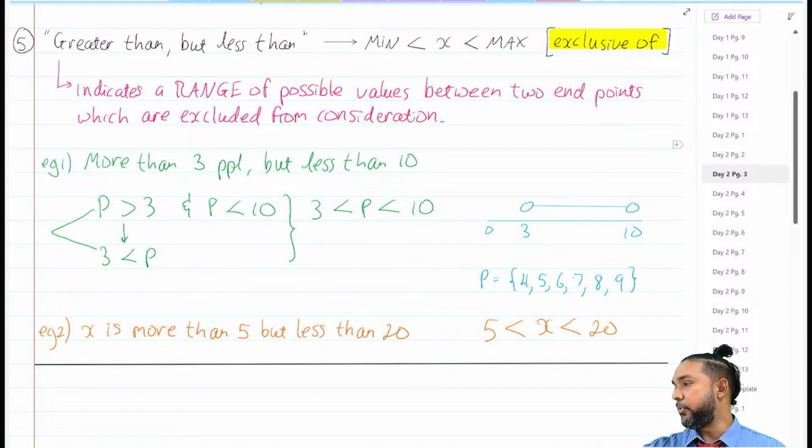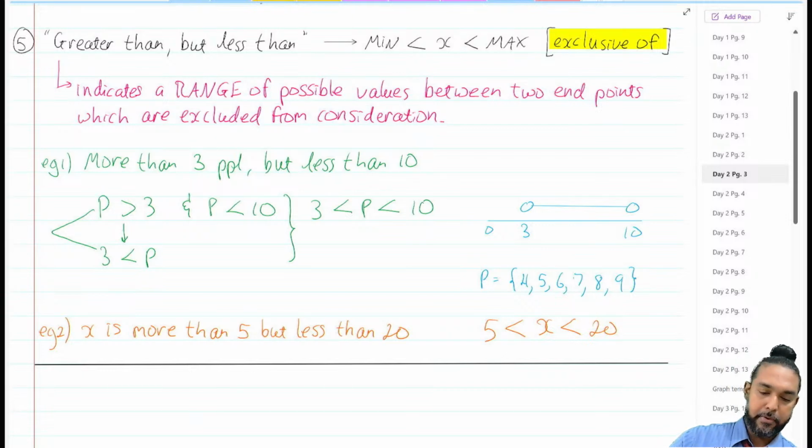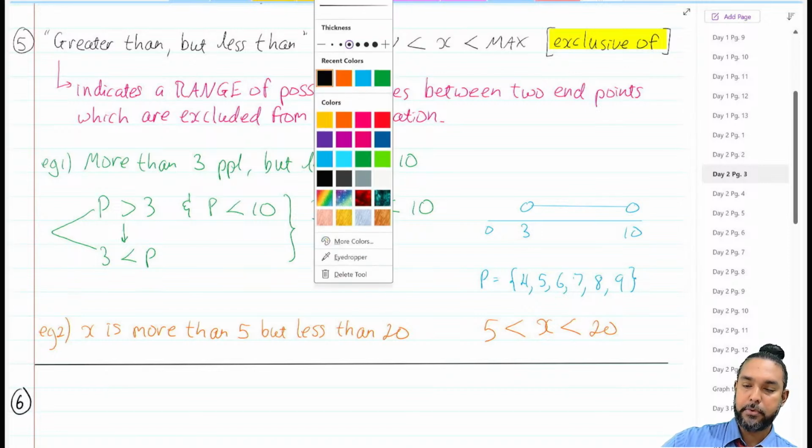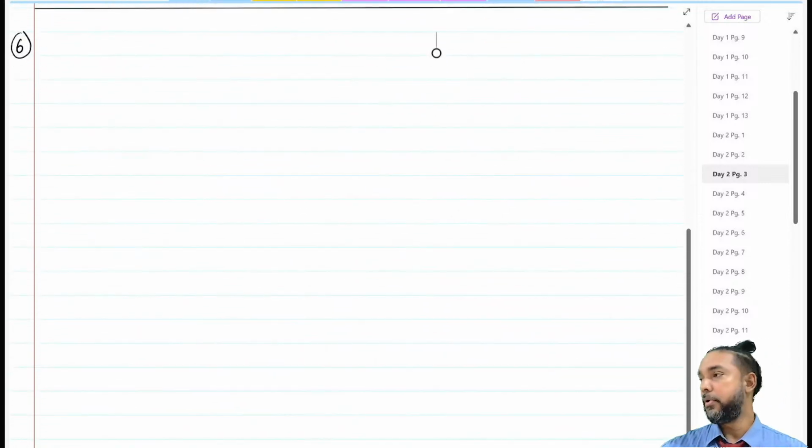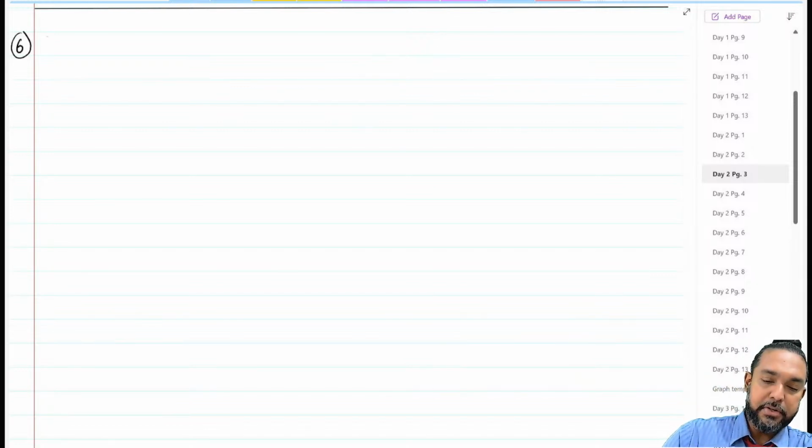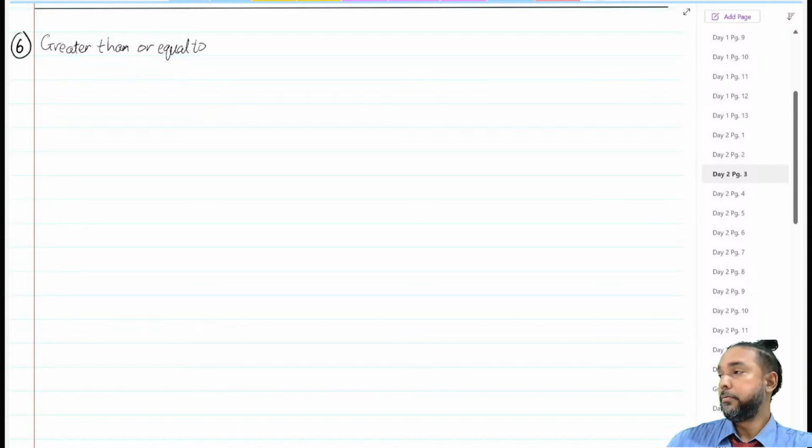Right. So, like I said, I have one more little piece of notes, which is just going to modify section 5 slightly. So this one is greater than or equal to and less than or equal to.